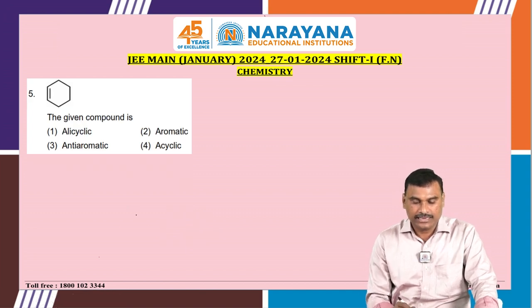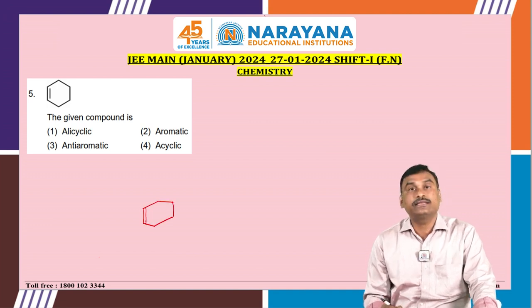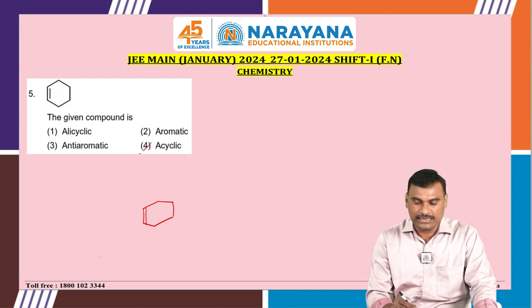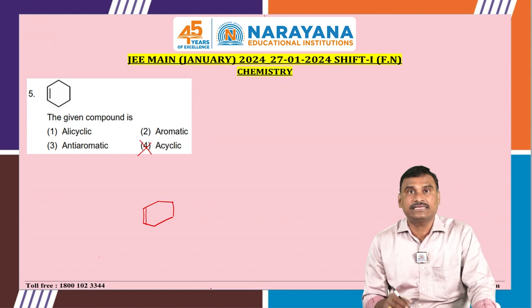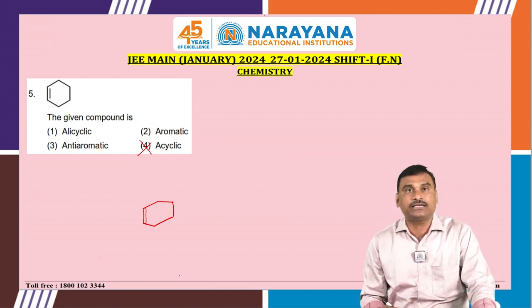Yes, the given compound, let us see, is a cyclic compound. Therefore, option 4 is not suitable, because it is a cyclic one. Then go for the next two, the second and fourth options, that is aromatic and anti-aromatic.